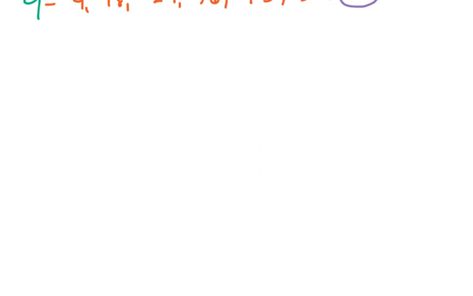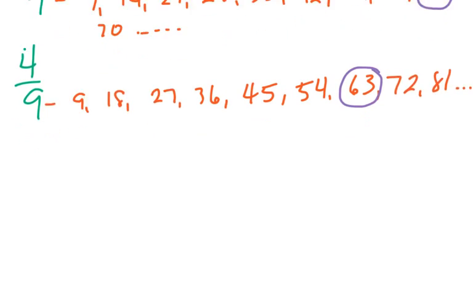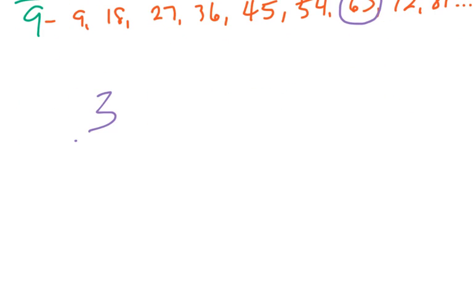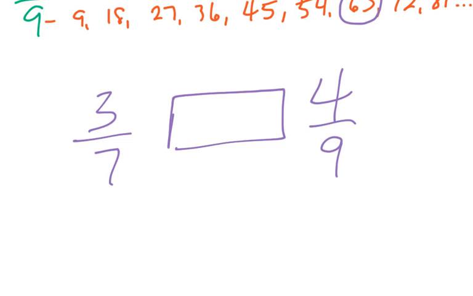So I'm going to draw this down here. So I have 3/7 and I have 4/9. Now remember, put my little multiplication sign, that we want our denominators to both be common to each other. Remember, common means the same.